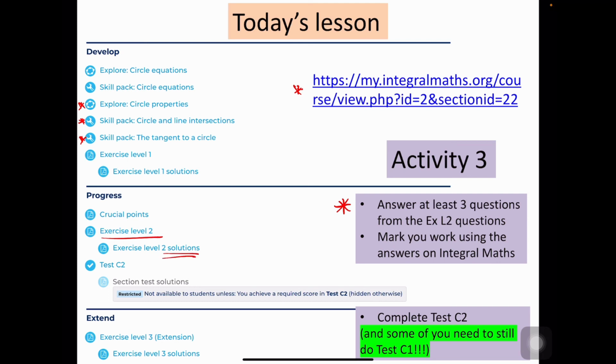And also complete the test titled C2. Some of you failed to complete test C1 last week. So please make sure you complete test C1 and test C2. It would help you understand how good you are at answering these types of questions. So then you'll know what to work on over the half-term break.